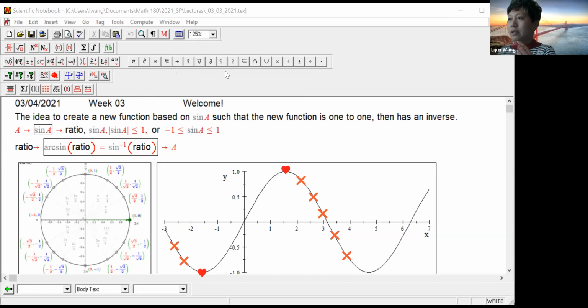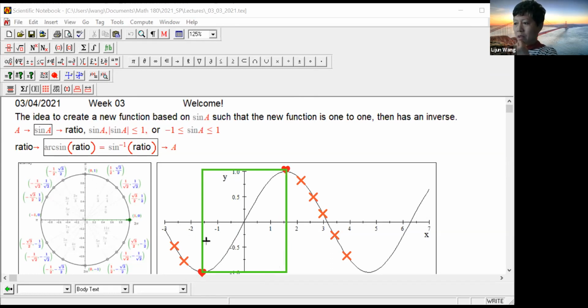So how do you identify the domain of this truncated function? Forgive me. You know how to mark the points, and I want to show you how to identify the domain right here.